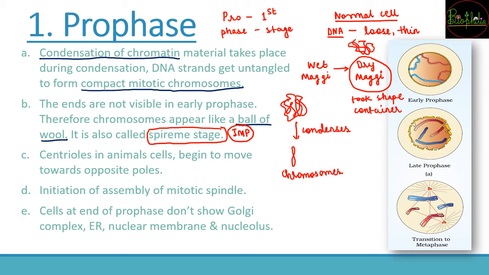So after this particular events, side by side, so these events were occurring कहाँ पे? The A point and the B point, these were occurring in the case of nucleus, right? बट इसके साथ साथ न्यूक्लियस के साथ साथ कुछ चेंजेस साइटोप्लाज्म में भी हो रहे हैं, and these are going to be that the centrioles that are present in the animal cells, these are going to start to move towards the opposite poles, because ये centrioles ही होंगे, these are going to spread out the spindle fiber, and then the chromosomes will be pulled away.